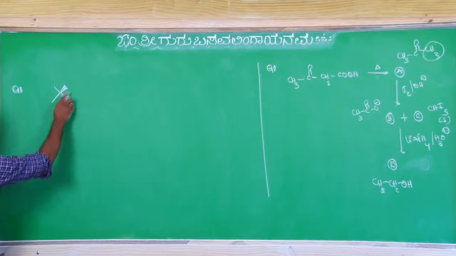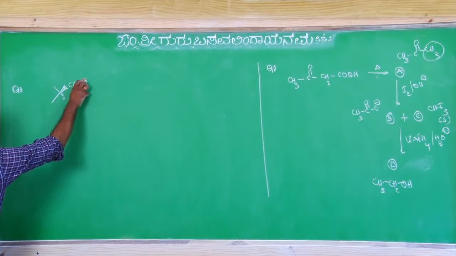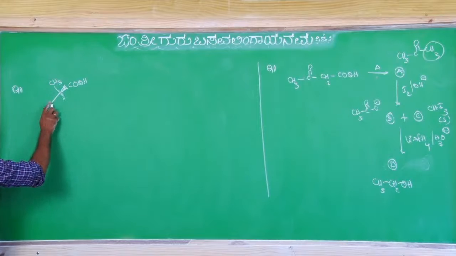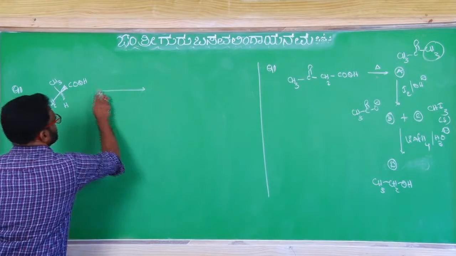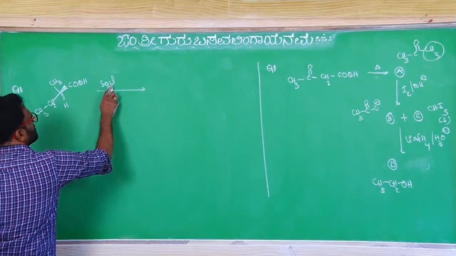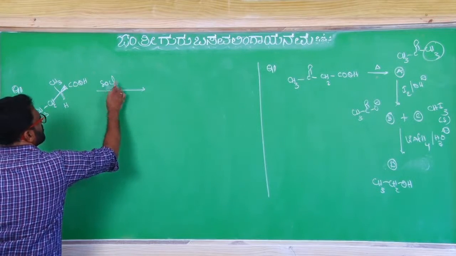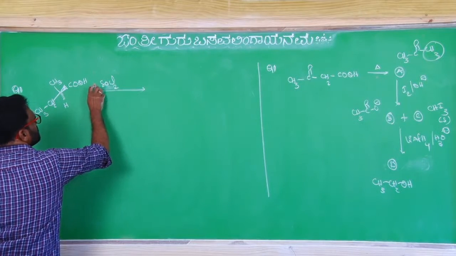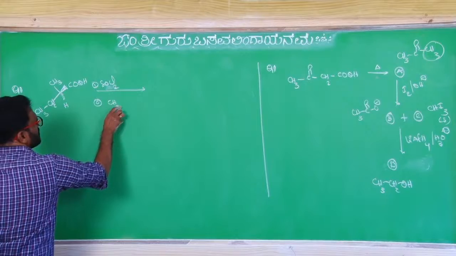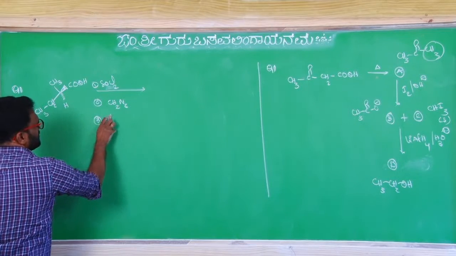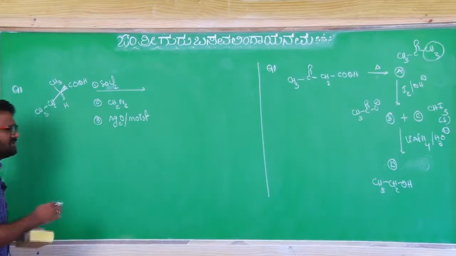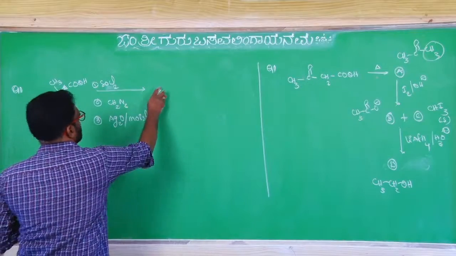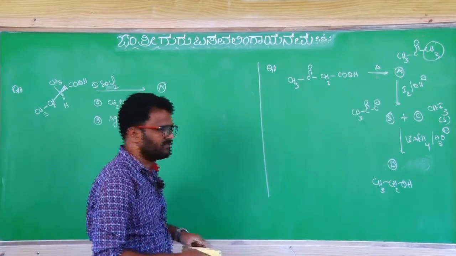Here we have COOH, and this is CH3, here this is ethyl, and this is H. It is treated with first, SOCl2, this is one condition. Second, diazomethane. Third one is moist Ag2O. So my question is, how do we give the stereochemistry?